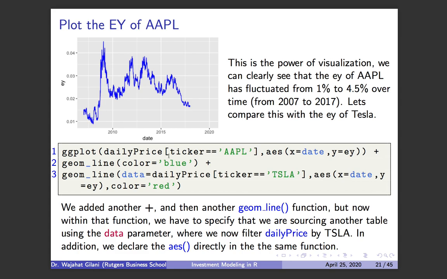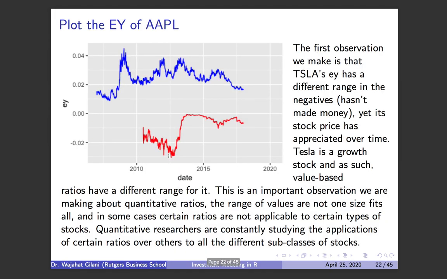And that's how you layer up as many line graphs as you want. And this also goes to show you guys that, listen, we have to understand, as quantitative researchers, what are we doing? We're doing quantitative value investing. But as quantitative researchers, these ratios, first of all, don't apply to all stocks. And second of all, if they do apply to all stocks, their ranges are different. The way we approach the values for these ratios for certain companies in certain industries is different.